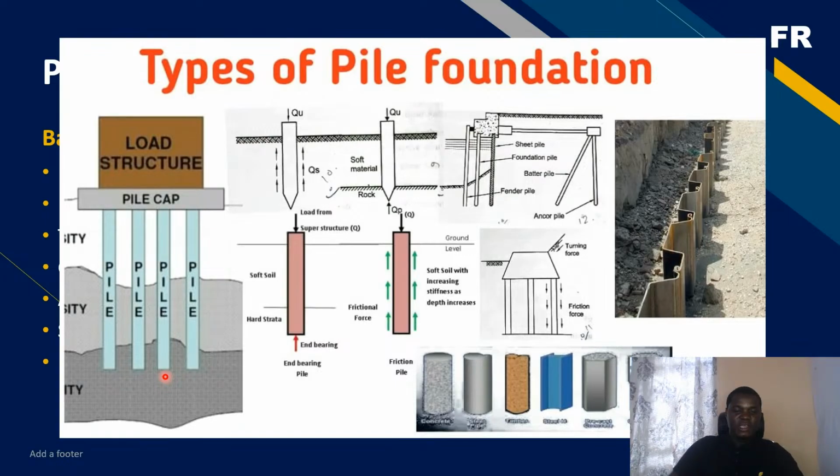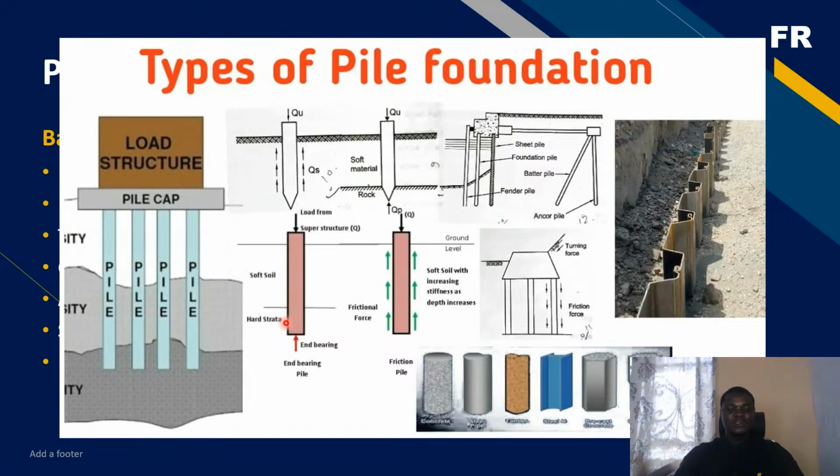In terms of the end bearing pile, if you look at this image I'm hovering over, you see that the load is coming from the superstructure and then it is being exerted on the pile. You can see clearly that in the end bearing pile you have soft soil and then the load is transferred to the hard strata.